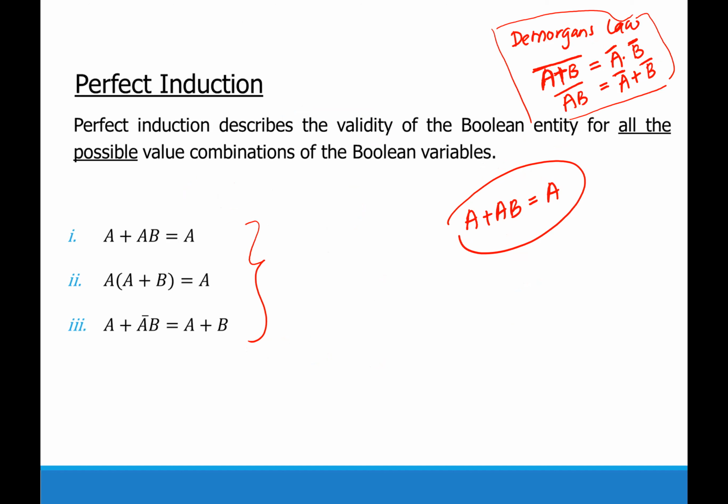We did the first one, and there are 2 other equations. Using both methods, the truth table and the Boolean rules, you need to show these 2 equations are true. You need to show that the left-hand side is equal to the right-hand side of these 2 equations.